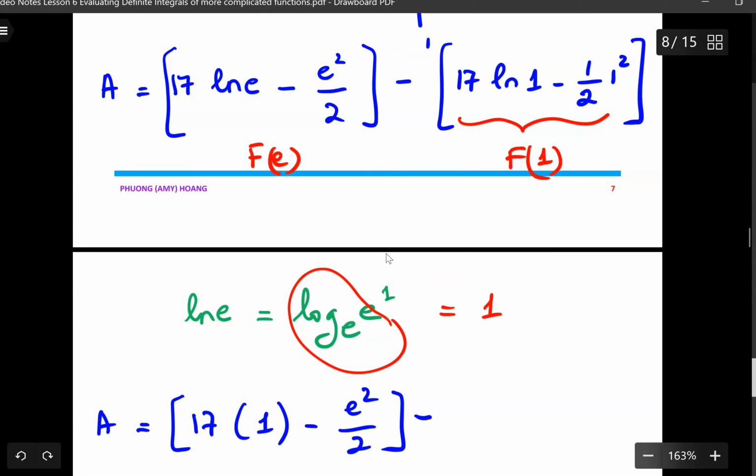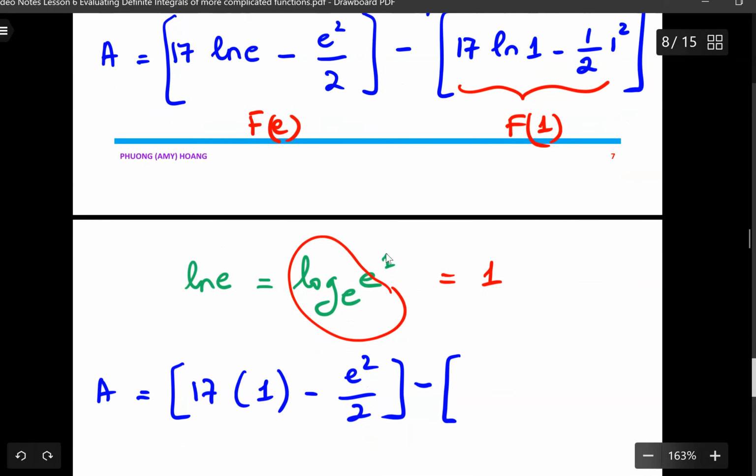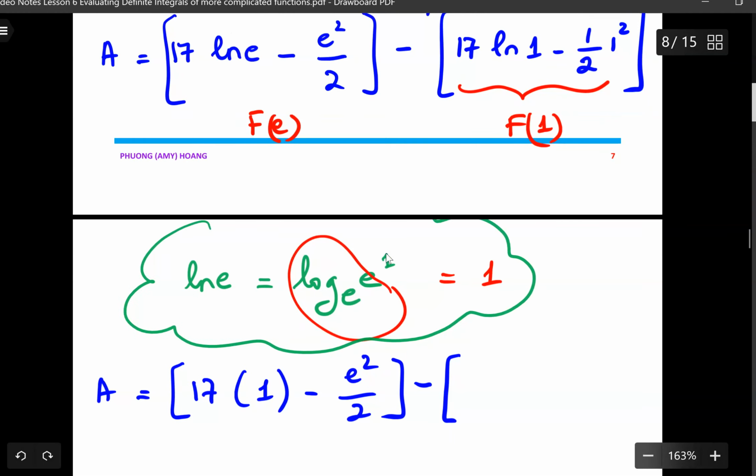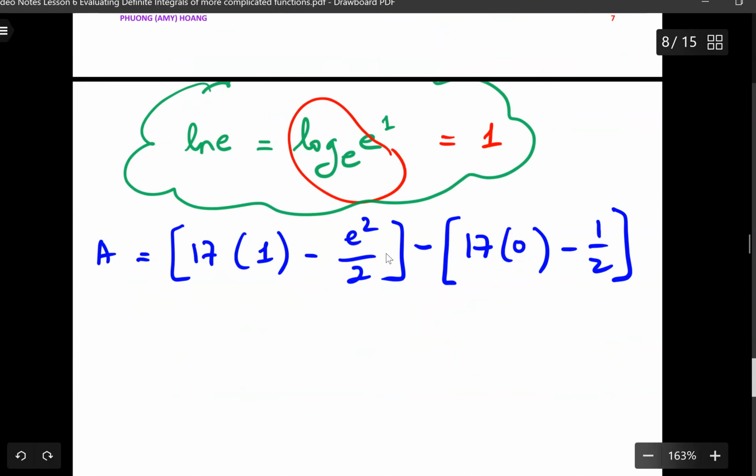For this part, ln of 1 is equal to 0. You can use your calculator, or I can review the formulas for everyone as well. So I will have 17 times 0 here, and I subtract a half. Let's review ln of 1.